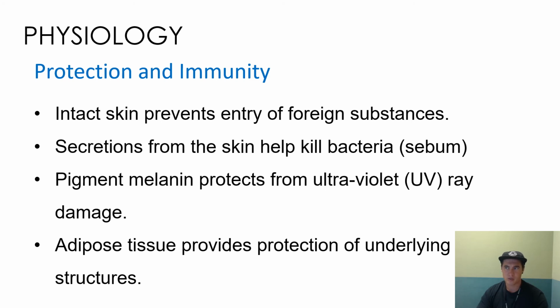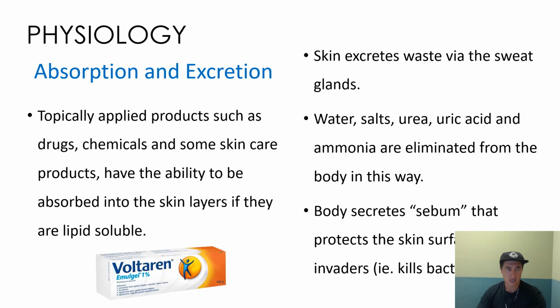I'm just going to touch on a bit of physiology. So protection and immunity. Our skin prevents entry of foreign substances as a barrier. We also have secretion, so our sebum, and the melanin within our melanocytes protects us against the UV. Adipose tissue provides protection of underlying structures, so that's how we protect and are immune to the functions of the skin.